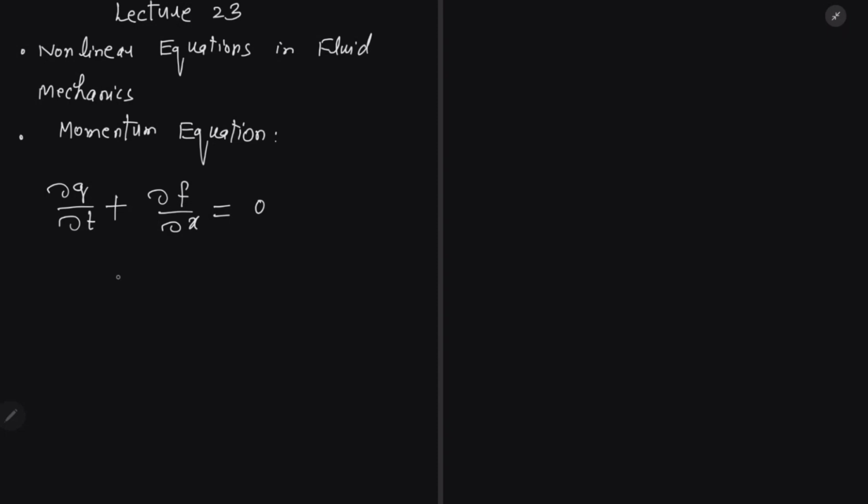So for the flux, the first quantity will be the momentum term. But how will this momentum enter some volume?